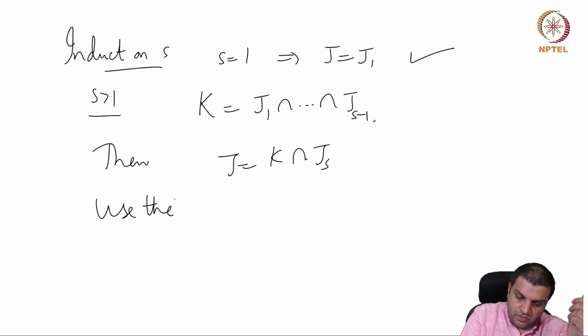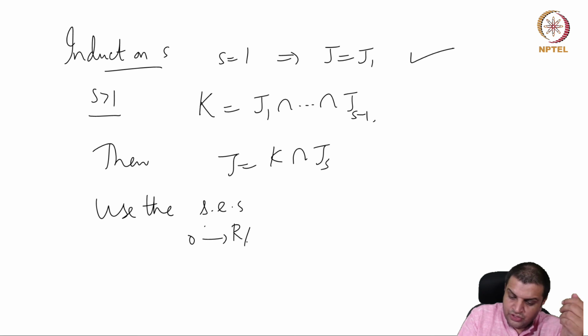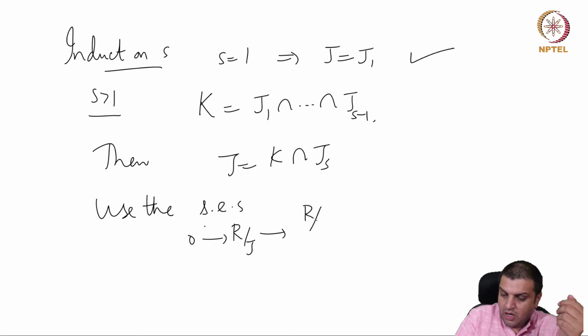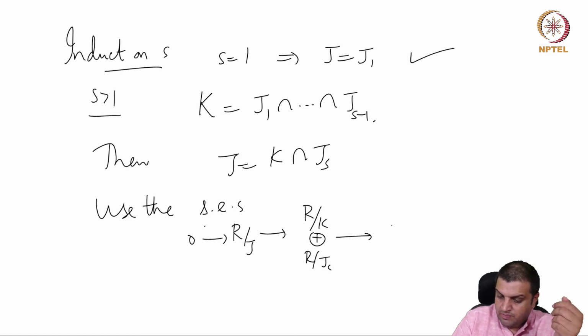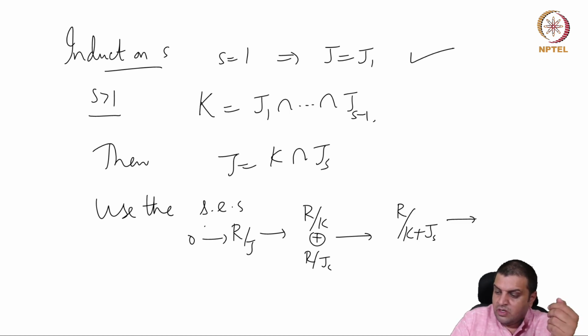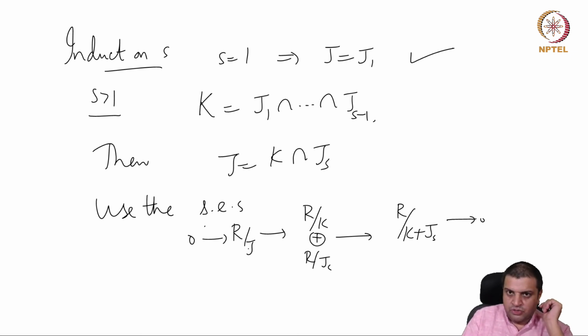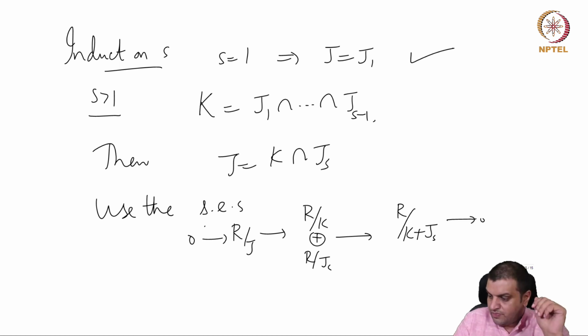Use the short exact sequence 0 to R mod J to R mod K direct sum R mod J_s to R mod (K plus J_s). Notice that both of these have the same dimension as R mod J, but K plus J_s has to have smaller dimension.